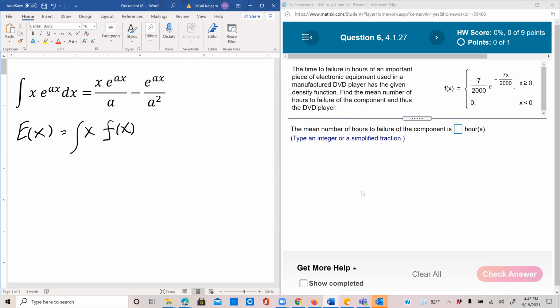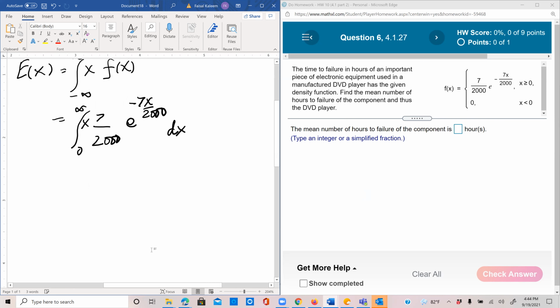By definition, this is the expected value, integral of x f(x) from negative infinity to infinity, but here it's non-zero from 0 to infinity. So x times 7 over 2000 e to the minus 7x over 2000 dx.